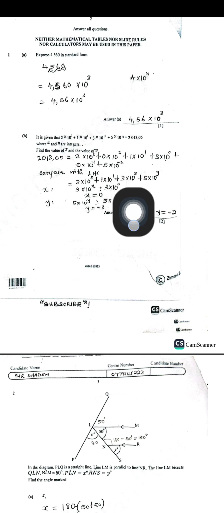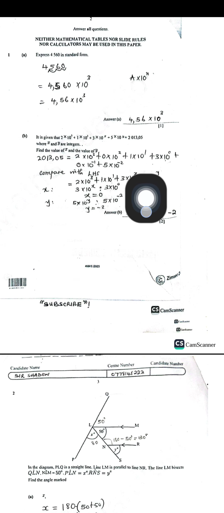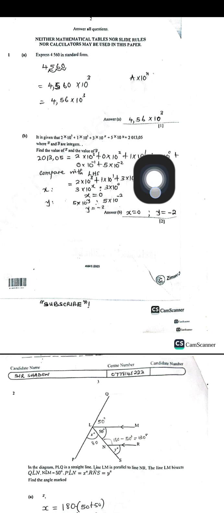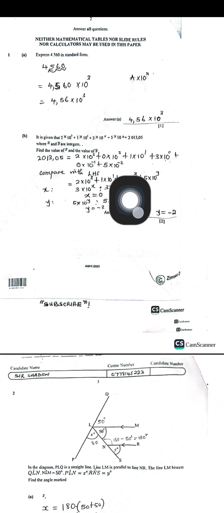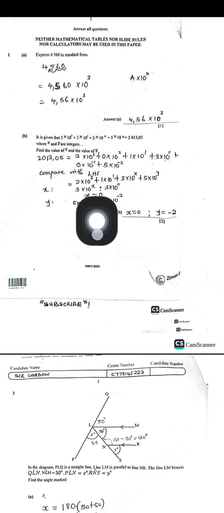X is where there is 0. So let's compare 3 times 10 to the power of x to 3 times 10 to the power of 0. Meaning to say the bases are all similar, so we equate the powers. So x is equal to 0.